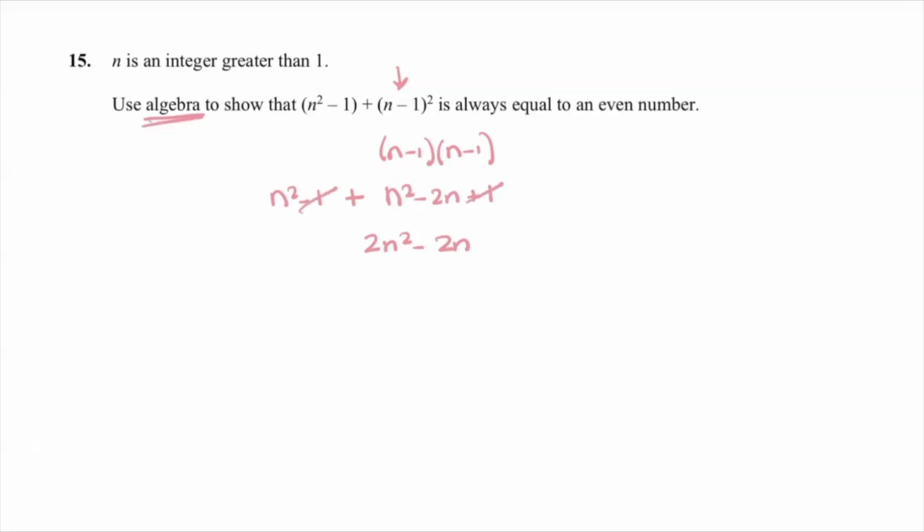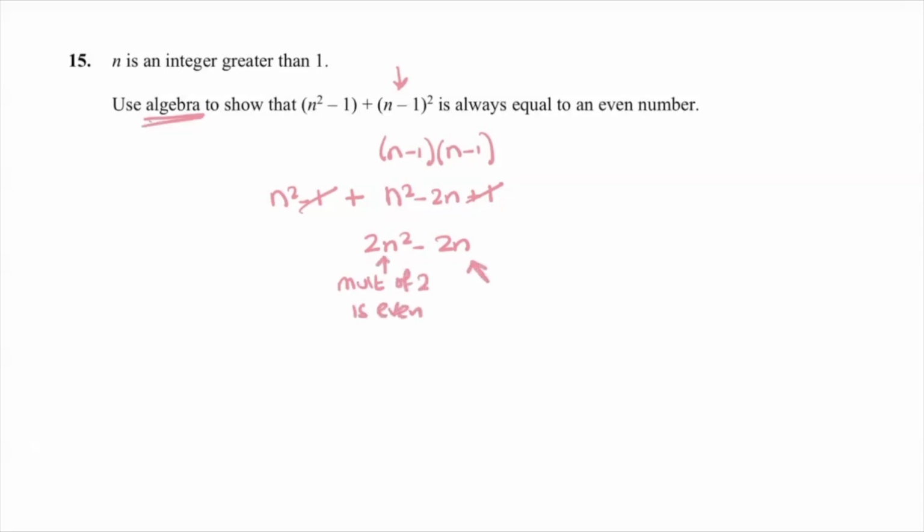Now, I don't like to just leave it there. I like to then give some additional explanations as to why this works. And I would seriously encourage this when it comes to a proof question. It doesn't matter what n is. Once it's multiplied by 2, it will be an even number. So this, no matter what n is, will become a multiple of 2, which is even.